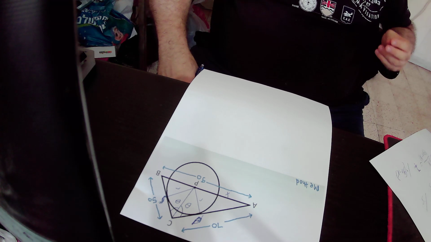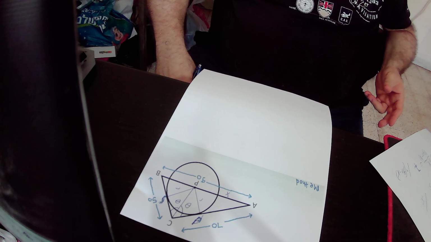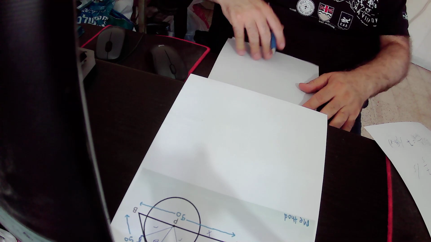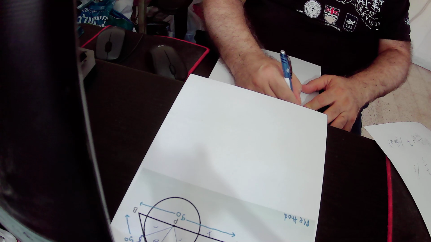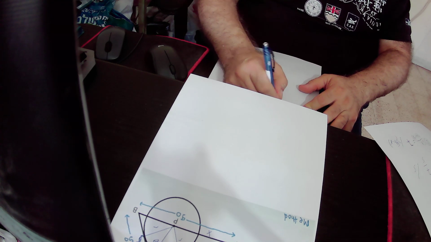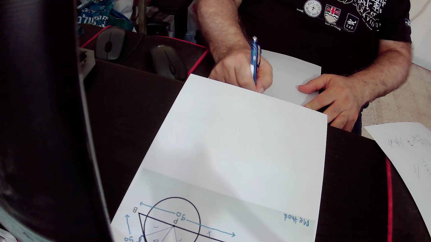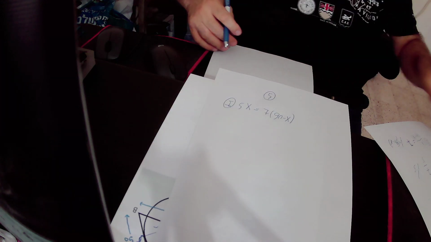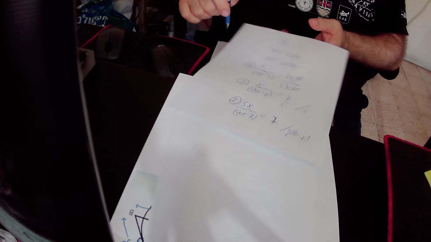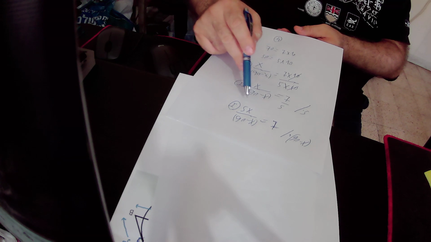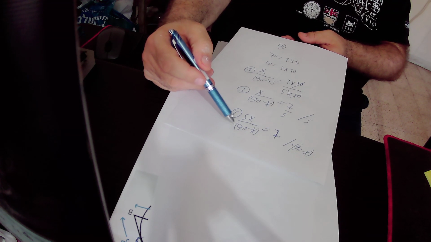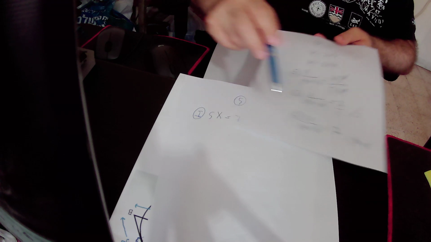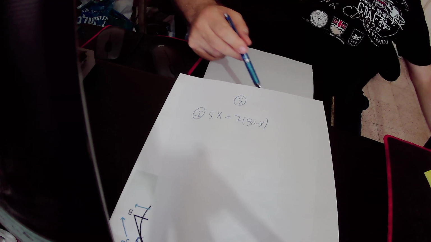So for that reason we can multiply both sides of the equation by 90 minus X. Okay, so we will get that 5X equals 7 times 90 minus X. After we multiplied both sides by 90 minus X, we got that 5X divided by 90 minus X times 90 minus X equals 5X, and 7 times 90 minus X stays as 7 times 90 minus X.